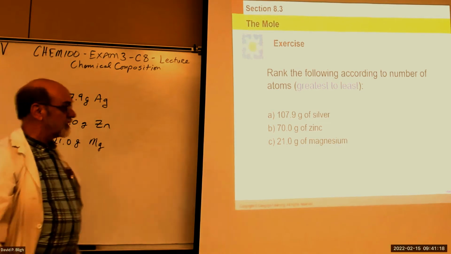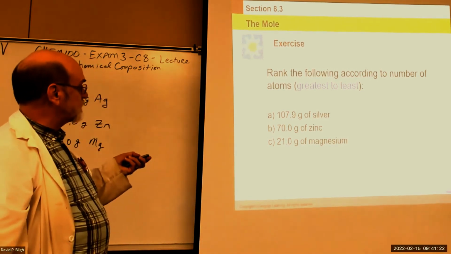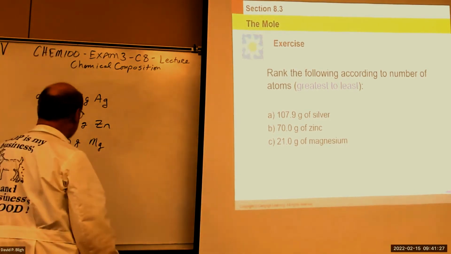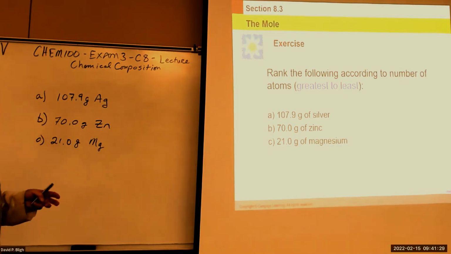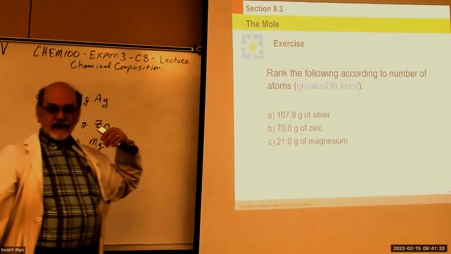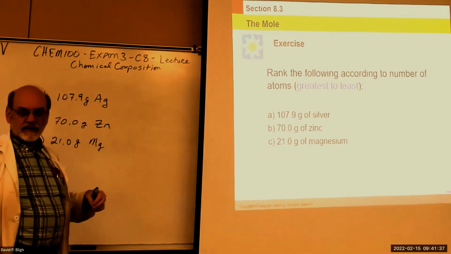The question here is: arrange them from greatest number of atoms to least. So how do we approach this? They're different masses, right? So we need to find out the relative numbers of these.